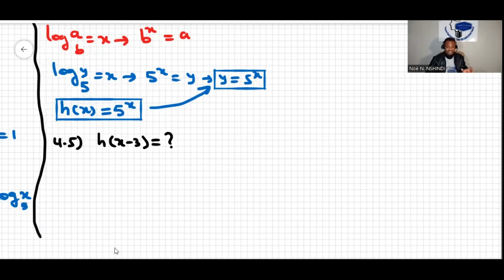h of x is the same thing as f minus 1 of x, as we said earlier. If h of x is just equal to 5 to the x, this implies that h of x minus 3 will be equal to 5 to the x minus 3, because we're going to change the value of x by x minus 3. Wherever we have x, we write x minus 3.